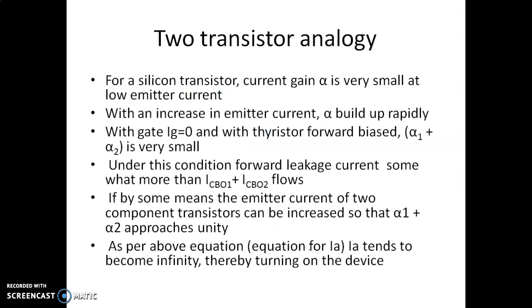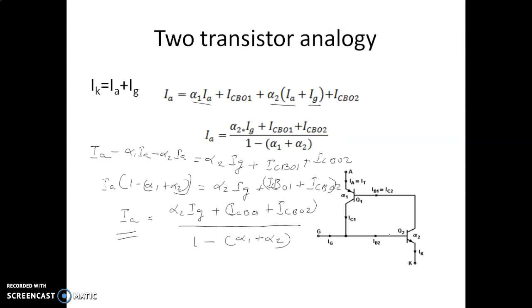If by some means we can turn on this SCR so that IE for the two transistors can be increased, then what happens? Alpha 1 and alpha 2 will increase, so that alpha 1 plus alpha 2 is equal to unity.